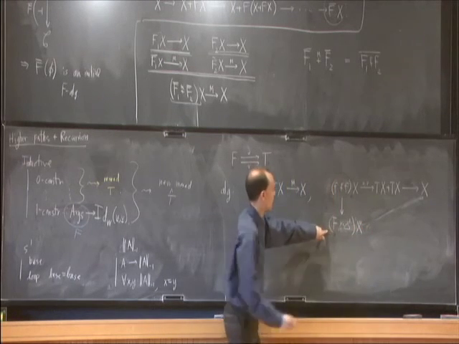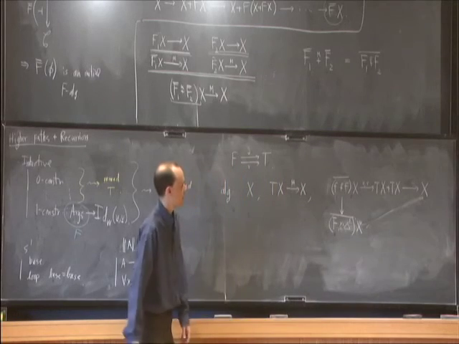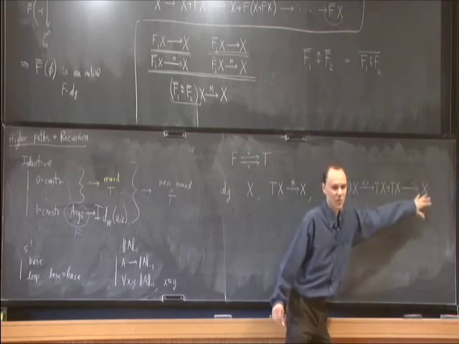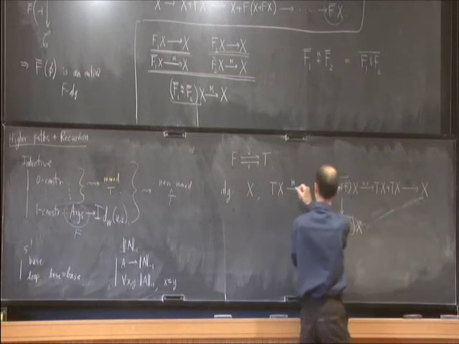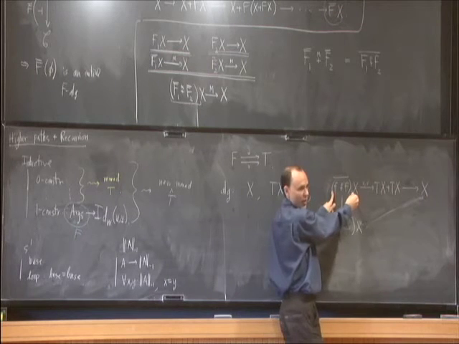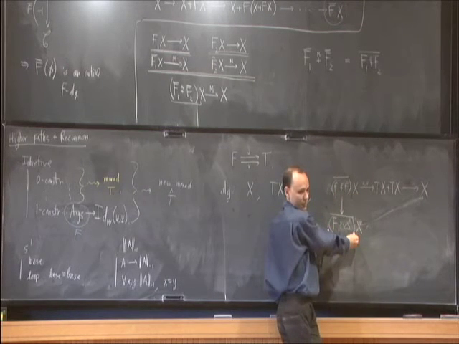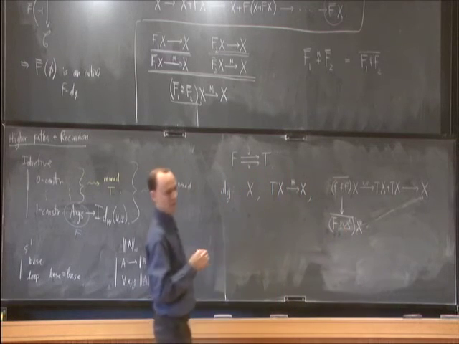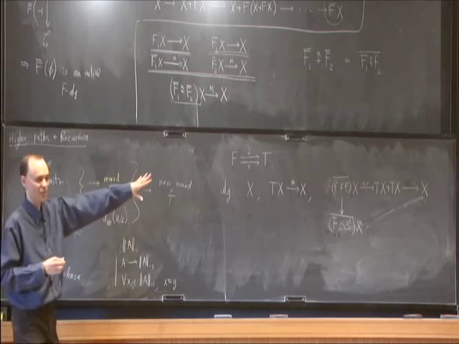I have two different endofunctors here, and if I build the free monads on these things, then this is a diagram of monad algebra structures. So I'm saying that given a monad algebra structure here, when we restrict to a monad algebra structure for this monad, it extends to a monad algebra structure for this monad. F is only given to you as an endofunctor. You have to boost it up to a monad in order to consider this as a diagram of functors.